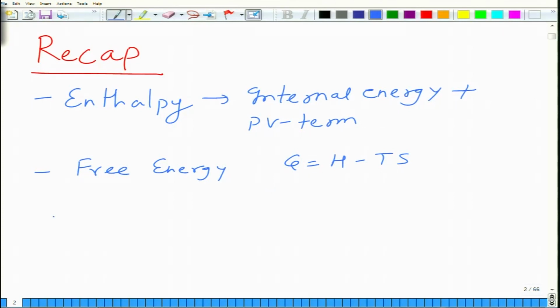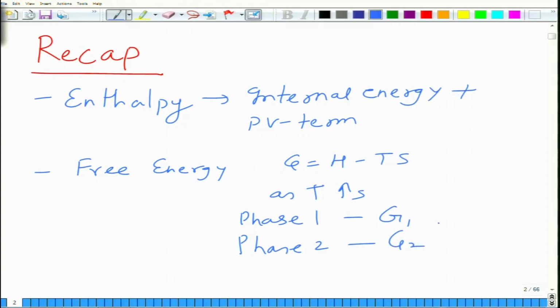As temperature increases, let us say you have phase 1 with free energy G1 and phase 2 with free energy G2, and these G1 and G2 terms include enthalpy and entropy terms. Enthalpy will increase as temperature increases, entropy will also increase, but since the entropy term goes as negative, it is the competition between the two that decides which will prevail.